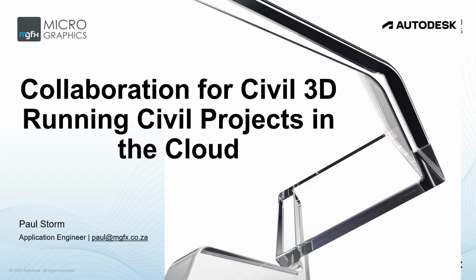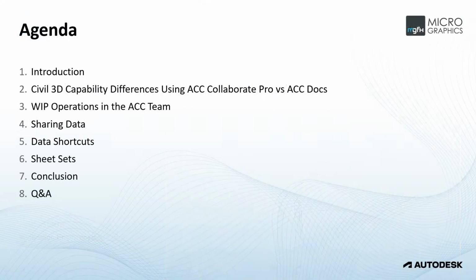We've got collaboration for Revit running in Civil 3D projects in the cloud. Not for Revit, for ACC. Our itinerary for the show is going to be just to show you the capability differences between Collaborate Pro and Docs. So many of you would have Docs because you've got an ACC collection, or you've purchased a Docs license because somebody's asked you to have one for the project that you're working on. Typical query comes in, well, what can I do with the Docs license and if I've got Civil 3D?